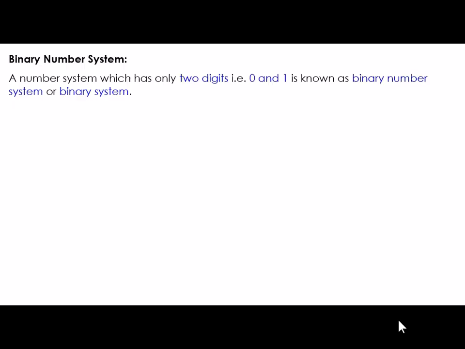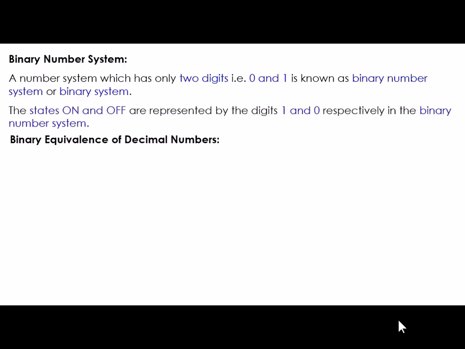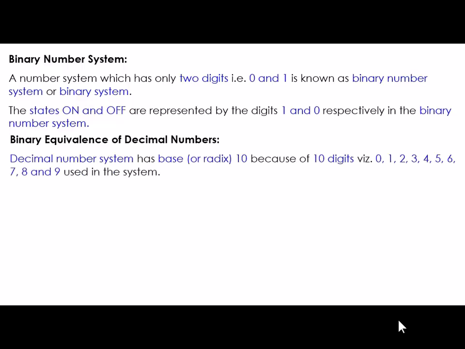A number system in which the total number of digits is 10 is called the decimal number system. The decimal number system, which has base or radix 10, has 10 digits, starting from 0, 1, 2, 3 up to 9.